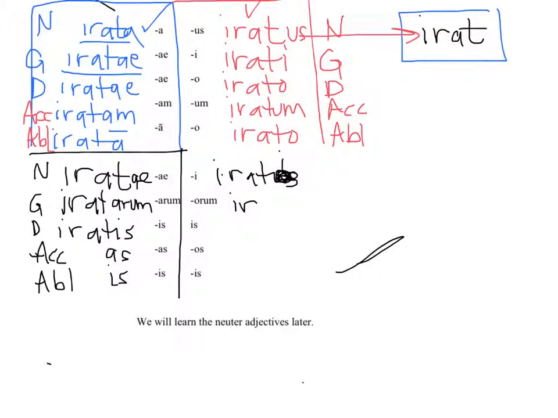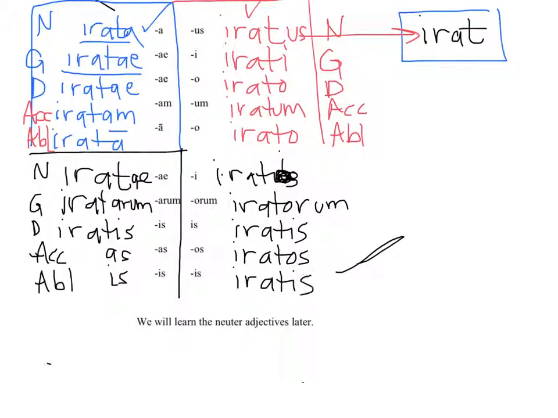The next one would be iratorum. Then iratis, iratos, and iratis. That's the process of declining the plural masculine adjective. Make that one neater. I don't seem to be able to erase it altogether though.